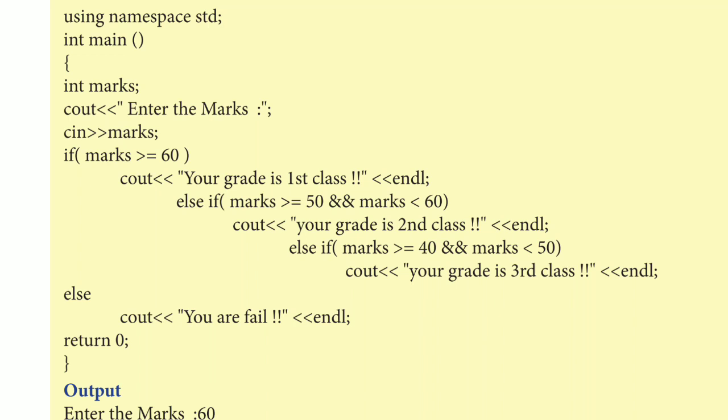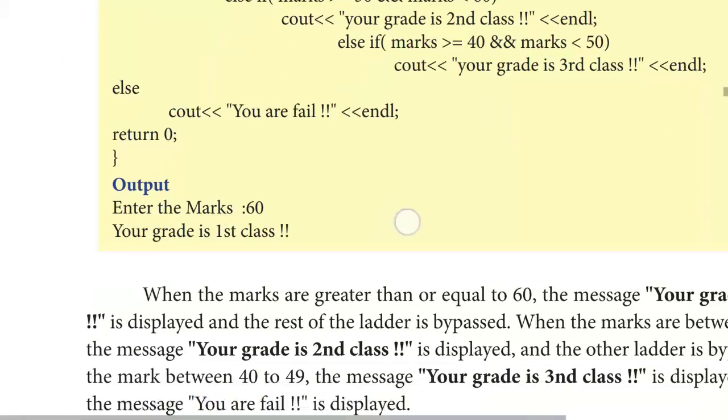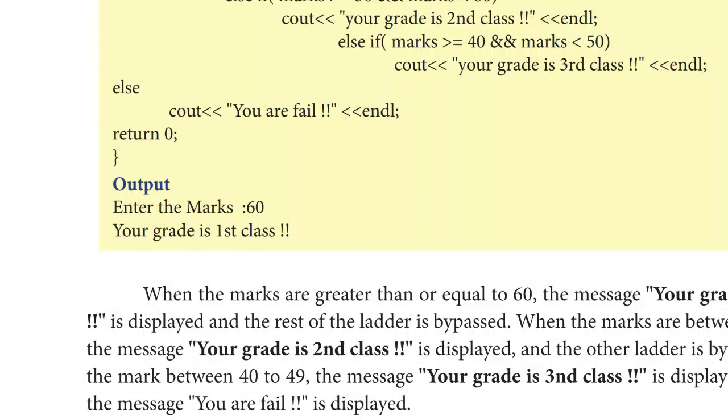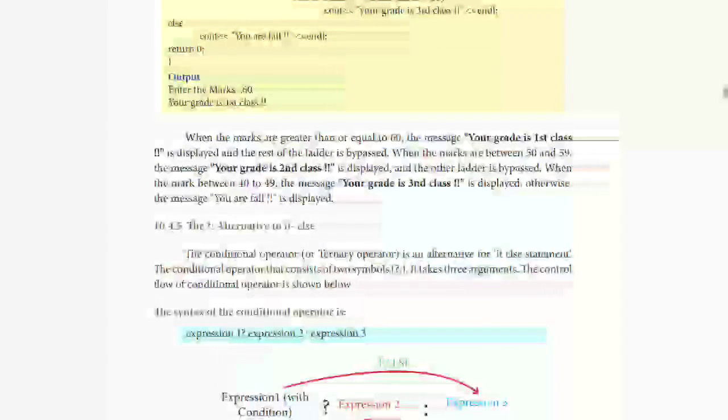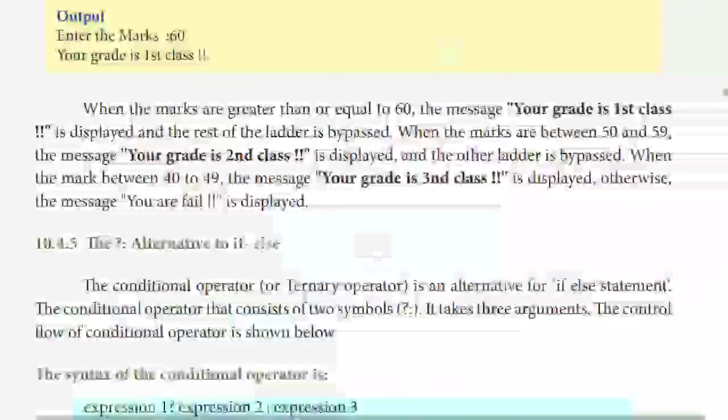Next, if this condition also becomes false, then you have failed. The output has been given in a way that the user enters 60 marks, then it gets first class. Like this they have explained everything here in this paragraph.